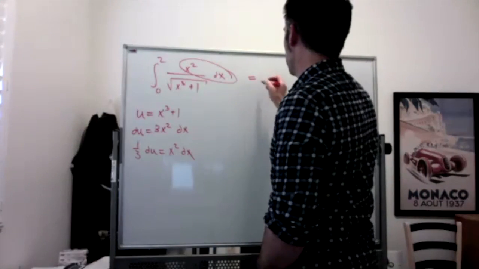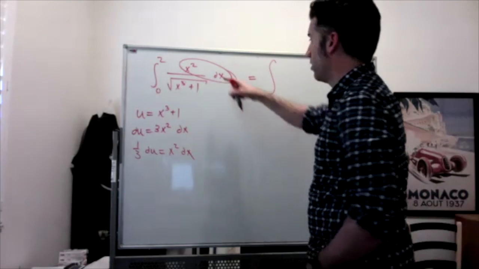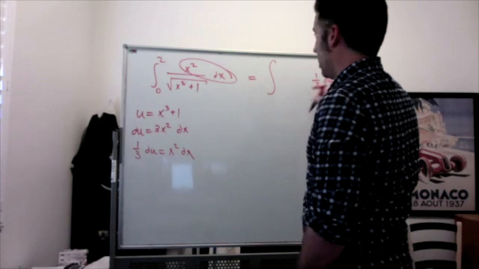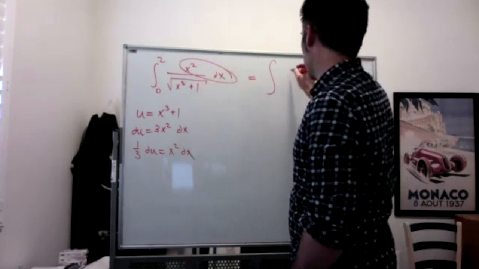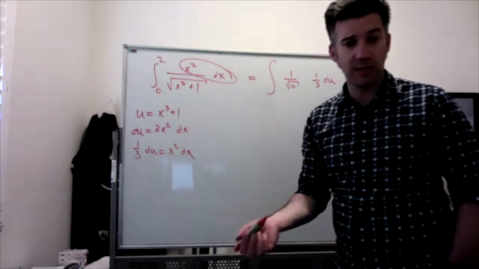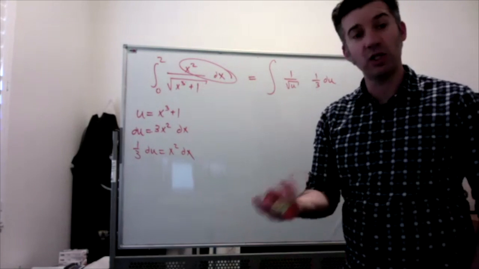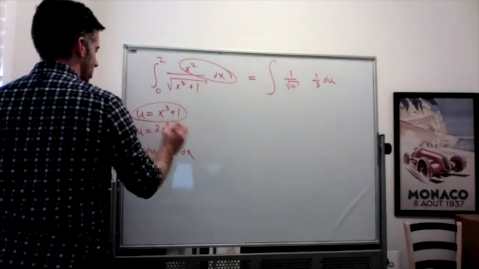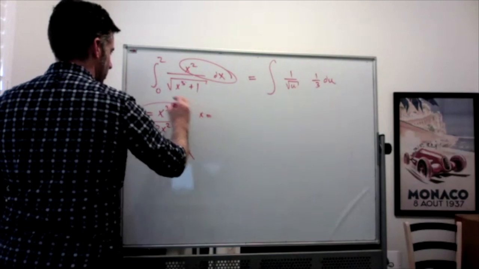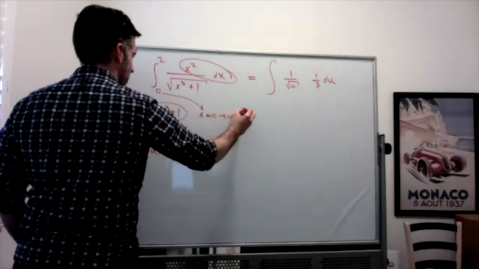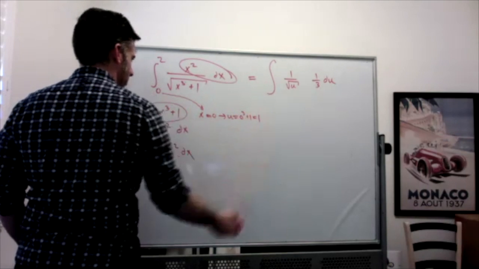So I can rewrite my integral as the integral of 1/3 du, and then 1 over the square root of u. And I can also change my limits of integration. Not only can I, I should. So here, if x equals 0, then u is 0 cubed plus 1, which is 1.